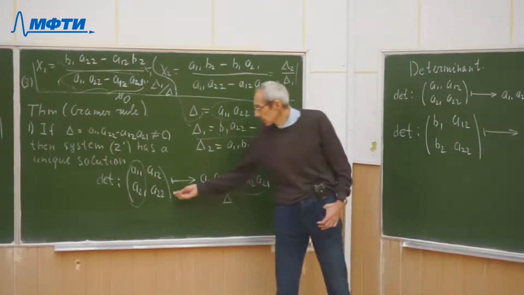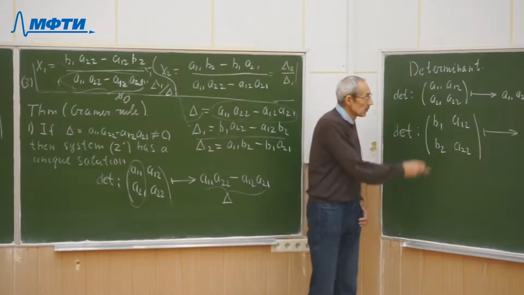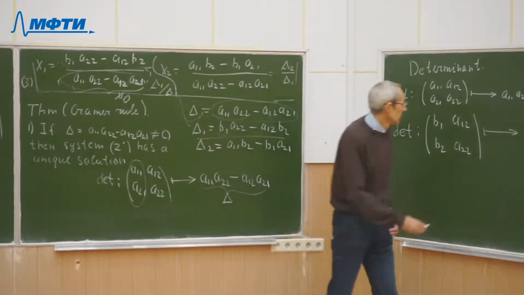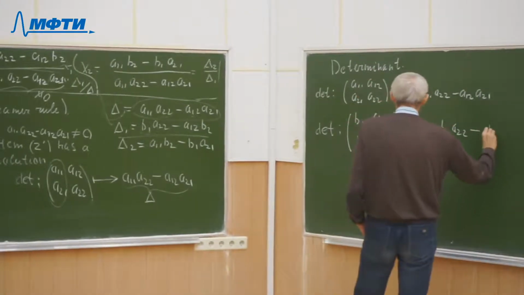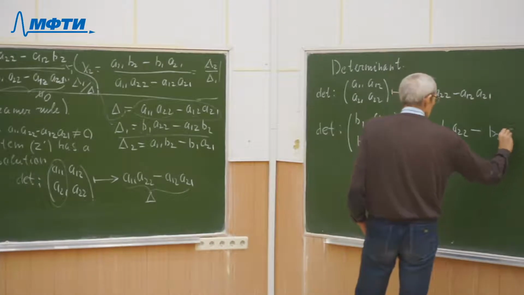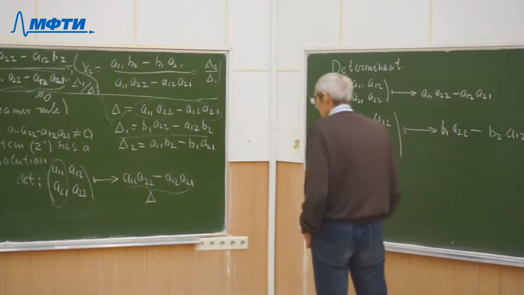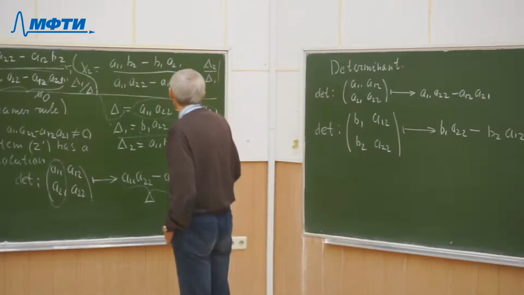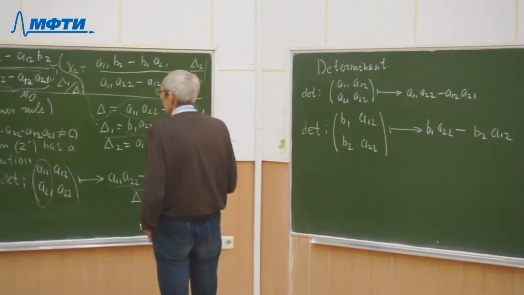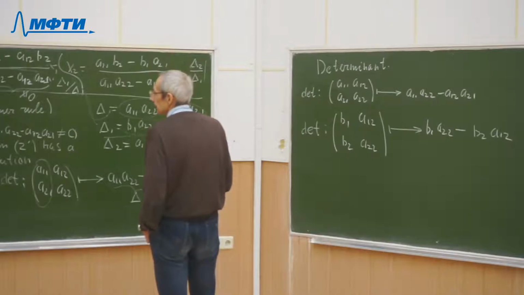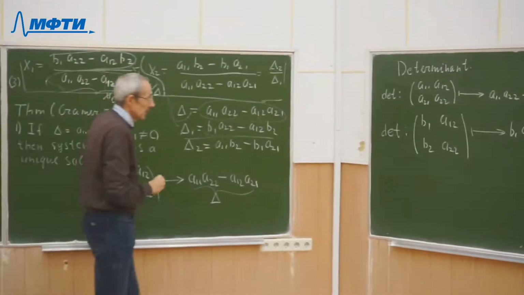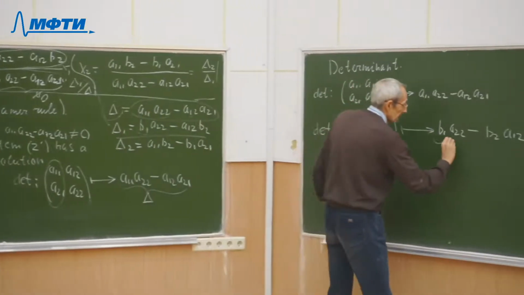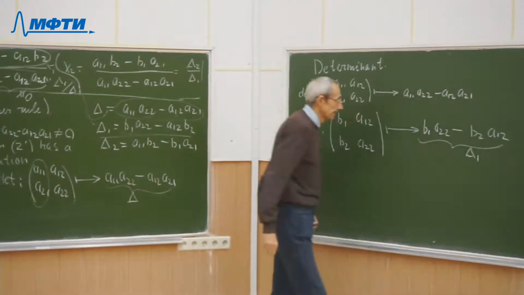And our operation corresponds to this matrix the following expression: B1A22 minus B2A12. Namely, this expression is delta 1.